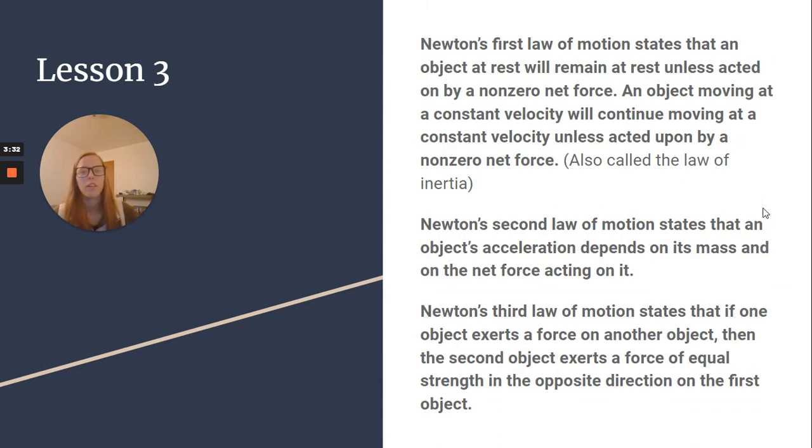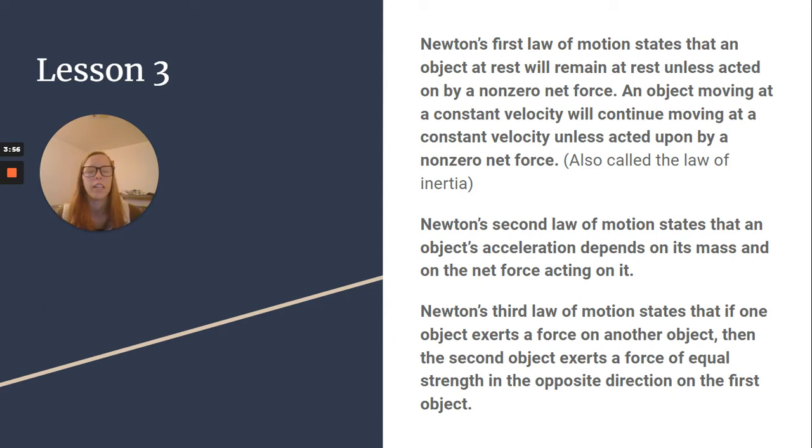In lesson 3, we looked at Newton's 3 laws. So his first law states that an object at rest will remain at rest unless acted on by a non-zero net force. An object moving at a constant velocity will continue moving at a constant velocity unless acted upon by a non-zero net force. It's also called the law of inertia.